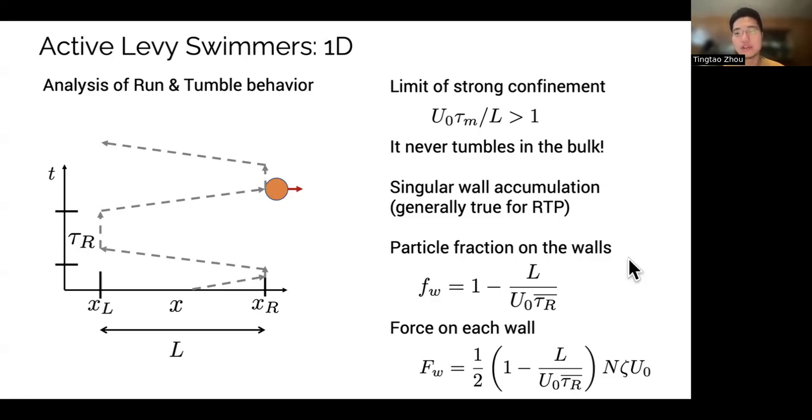Essentially, we can consider how much time the bacteria is going to spend in the middle versus how much time on the walls, and that will give you this estimate. And if we know the swimming force, or the force for self-propulsion, then we can work out the physical force or pressure on each wall.